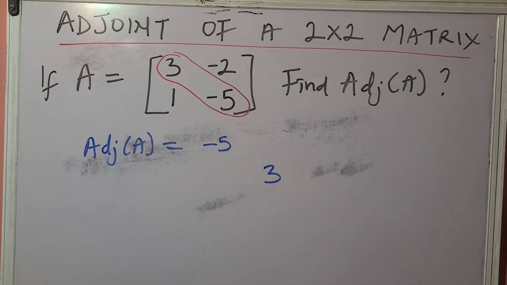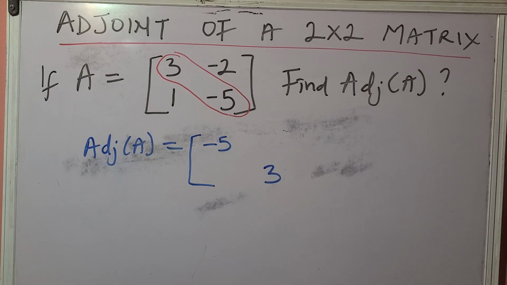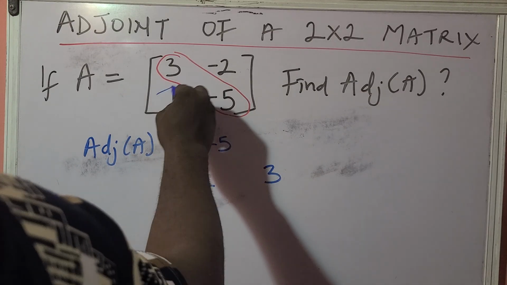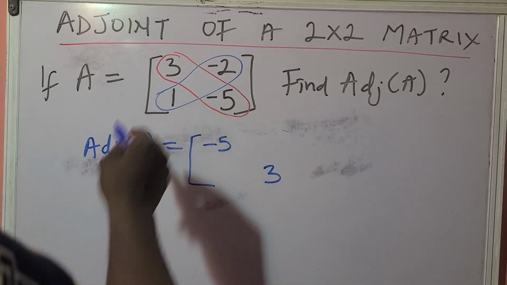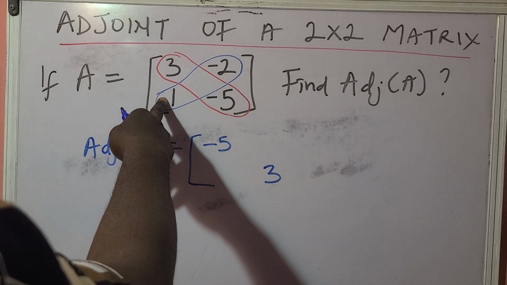And then the second procedure is that for the other diagonal, which is this one right here, what you have to do is to change the signs of each element of that diagonal. So we can see right here that in this place we have +1.